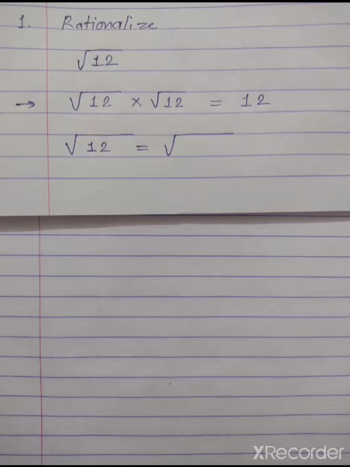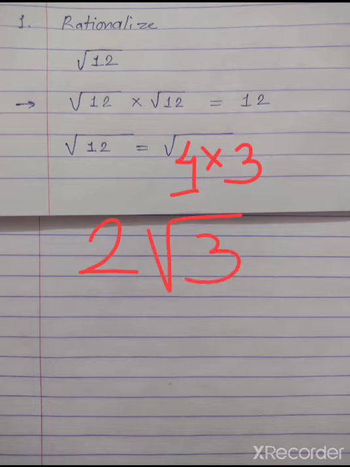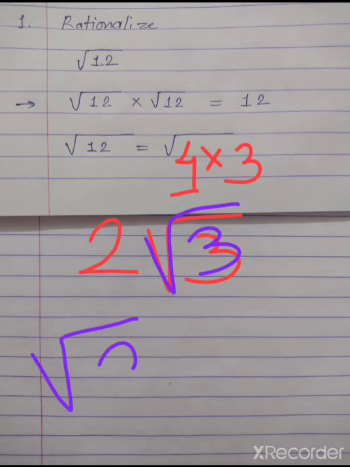This 12 we can factorize in the form of 4 3s, because 4 is a square number. When you take this 4 outside, it will become 2 root 3. So root 3 is an irrational number, so we can select root 3 as a rationalizing factor to rationalize it.